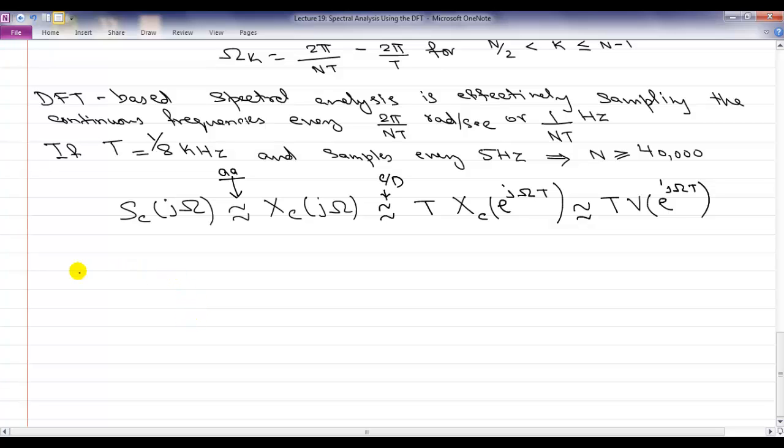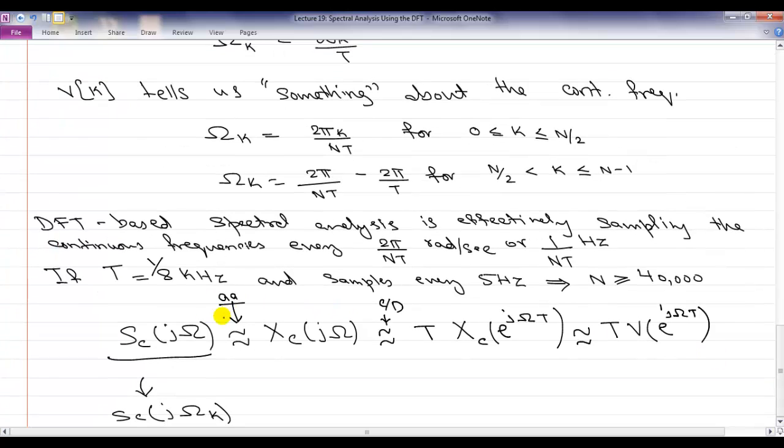Okay. So if I am looking at a sample at little omega k equal to 2 pi k over N, or 2 pi k over N minus 2 pi, then if I want to find out what is my frequency, so if I want to say what is S_c of j omega k, where omega k is as we have defined here, if I make that transformation, then S_c of j omega k is simply equal to T times V of k.